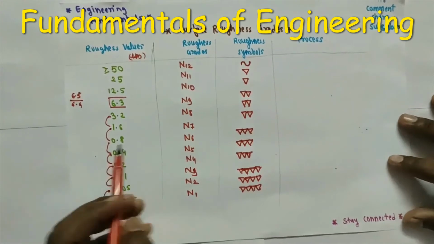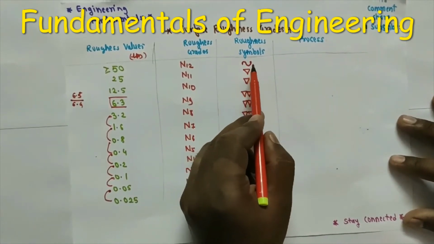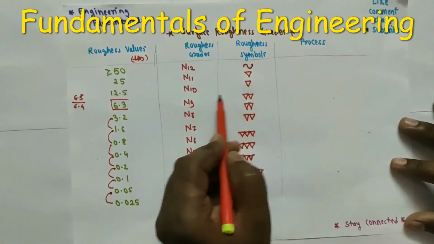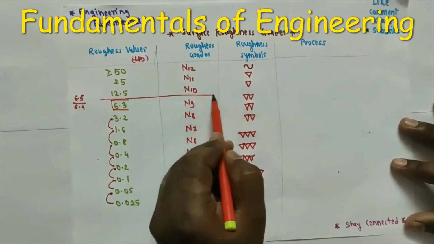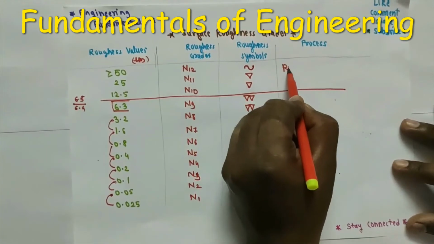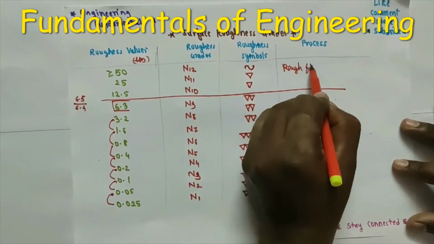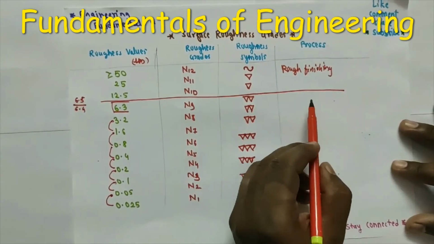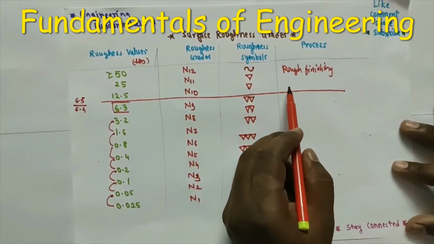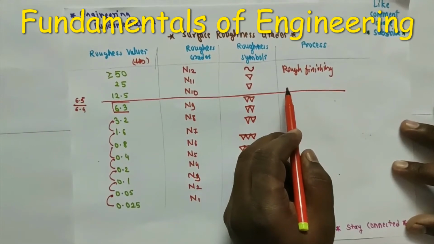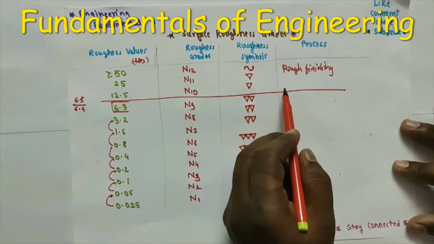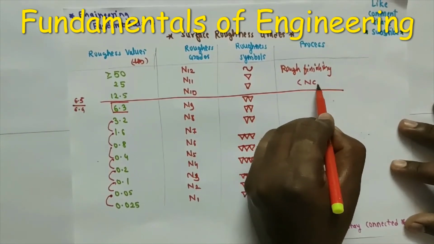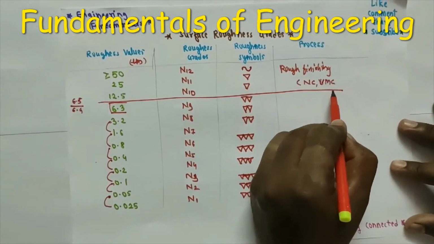Now by what process are we getting these surface roughness grades and surface roughness symbols? These we are getting at a rough finishing. For these symbols, this is applied when we use sand casting, permanent mold casting, die casting and high pressure casting, and we can get this by using a CNC or VMC where we apply the rough cut.